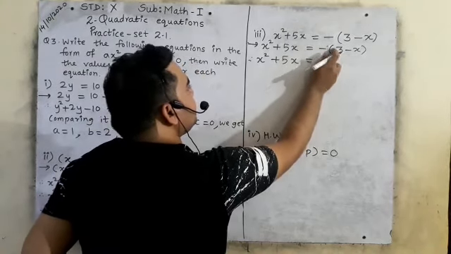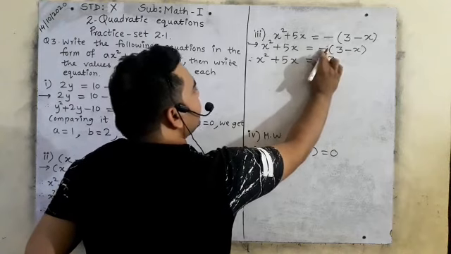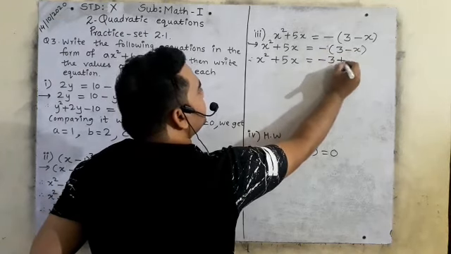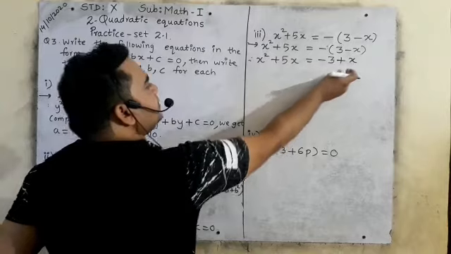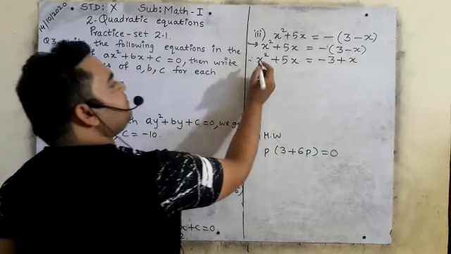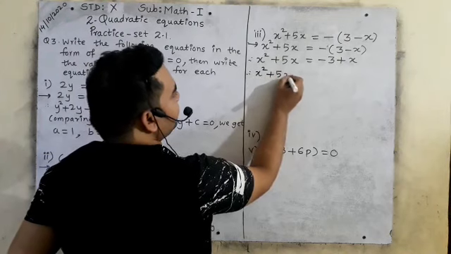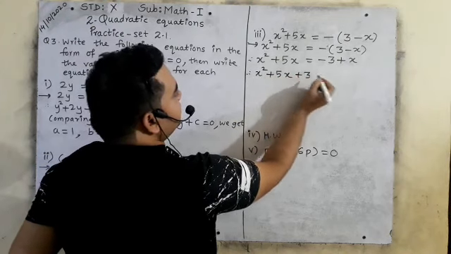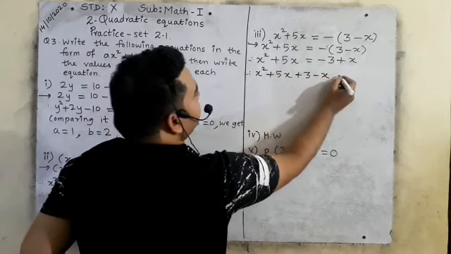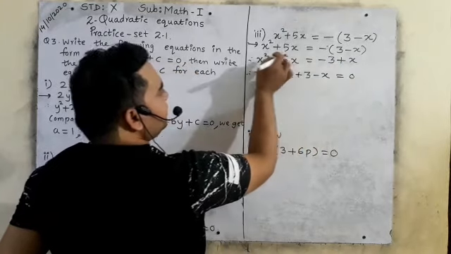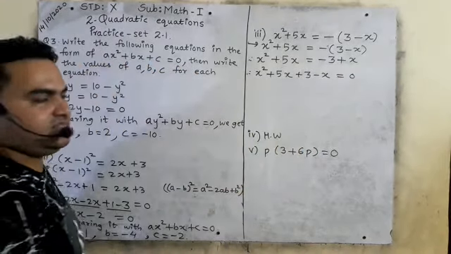So minus multiplied by plus is minus 3, minus multiplied by minus is plus x. Now this everything will come to the left hand side. So it is x square plus 5x plus 3 minus x is equals to 0. This everything will come here, but they will change their signs, right?